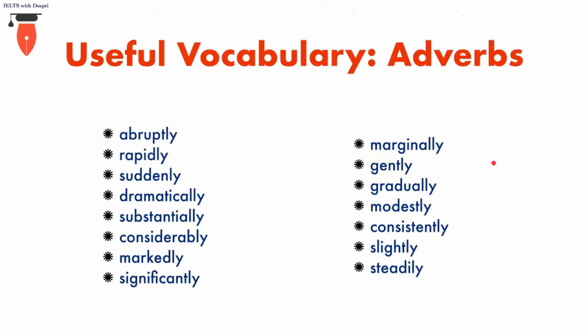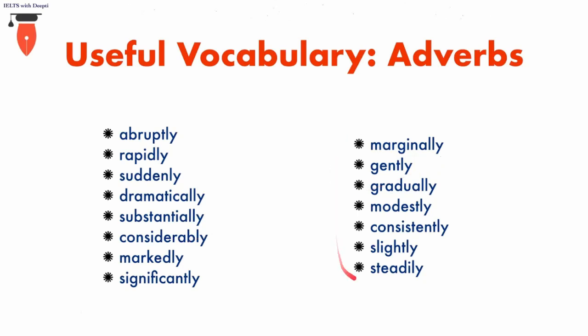Now, if you want to describe verbs, then you should use adverbs. And these are the kinds of adverbs we are looking at. Adverbs like markedly, significantly, considerably, substantially, dramatically are going to show that there is a great change happening, and it can be in terms of increasing numbers or decreasing numbers.